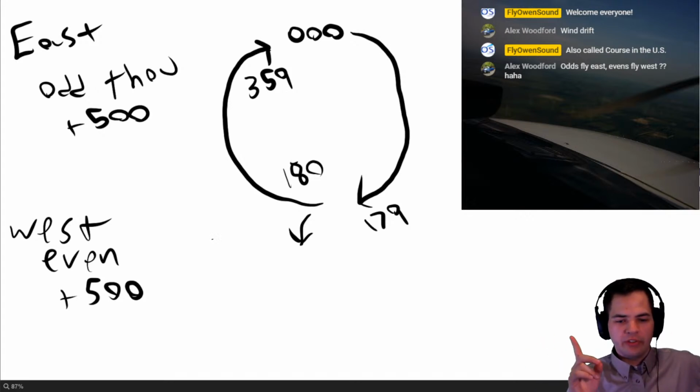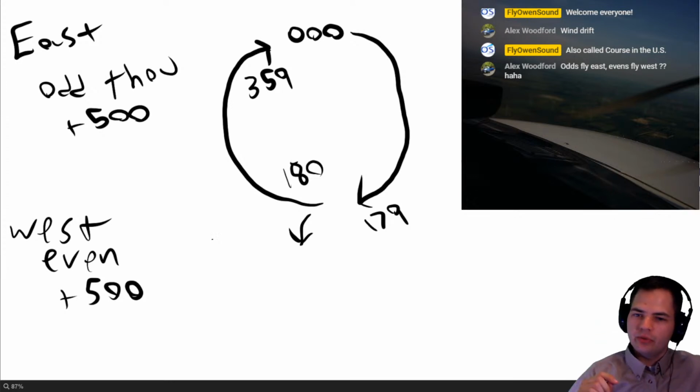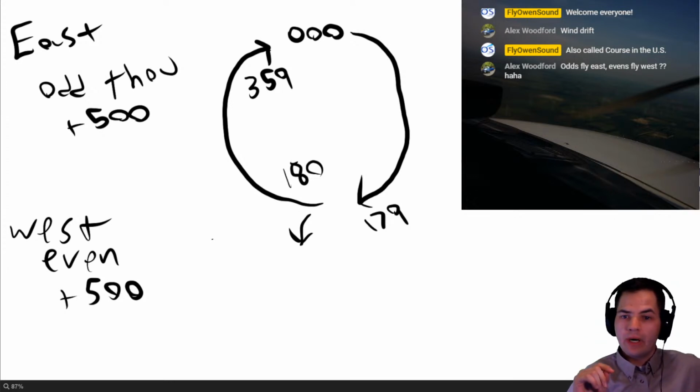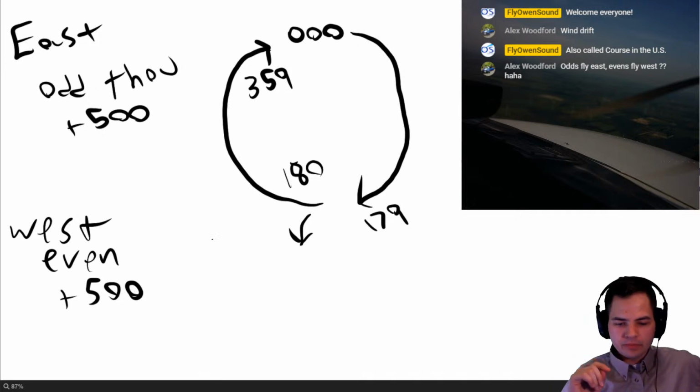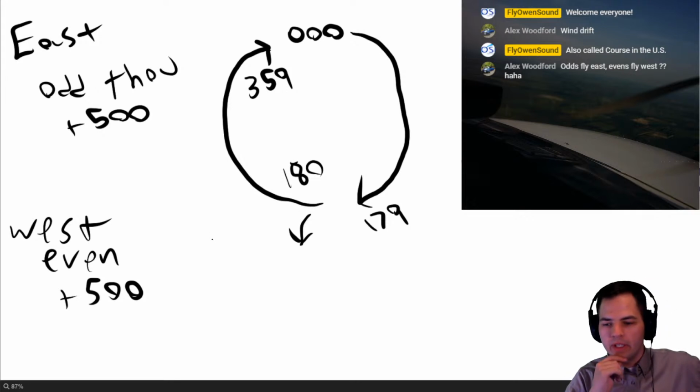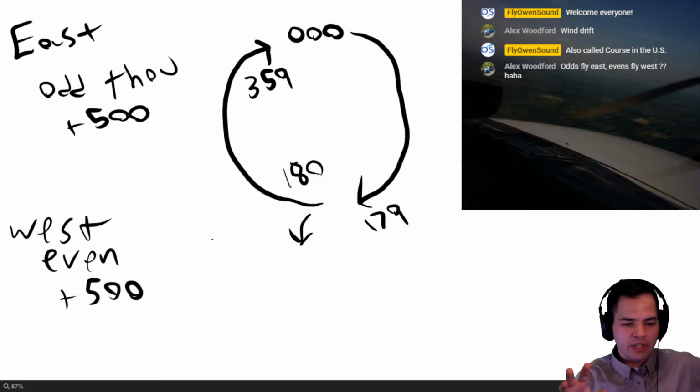But it's tricky because I mentioned track. We're basing it on magnetic track. So track, just like we were talking about earlier, required track or track made good, all of this is where the airplane's actually moving over the ground. And so people get themselves into trouble on test questions because they put in what direction the airplane's pointing, the heading, right?